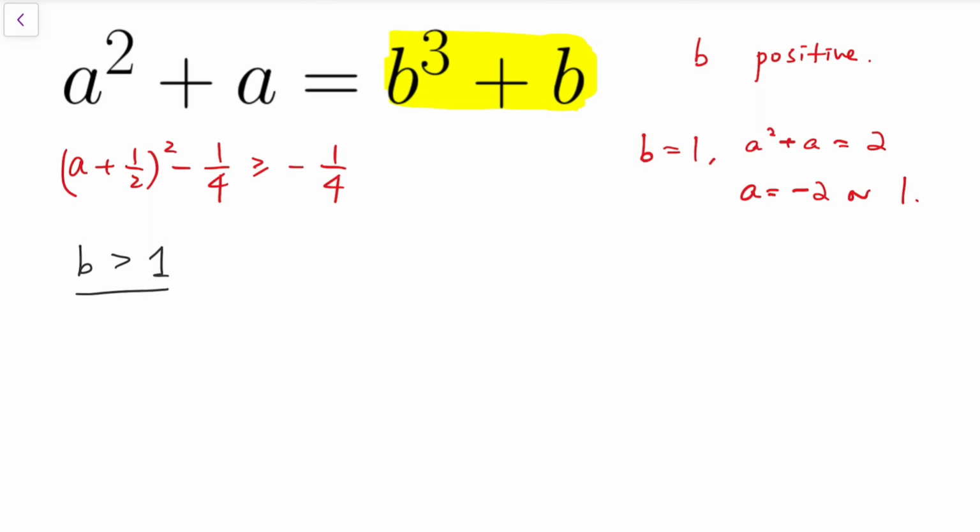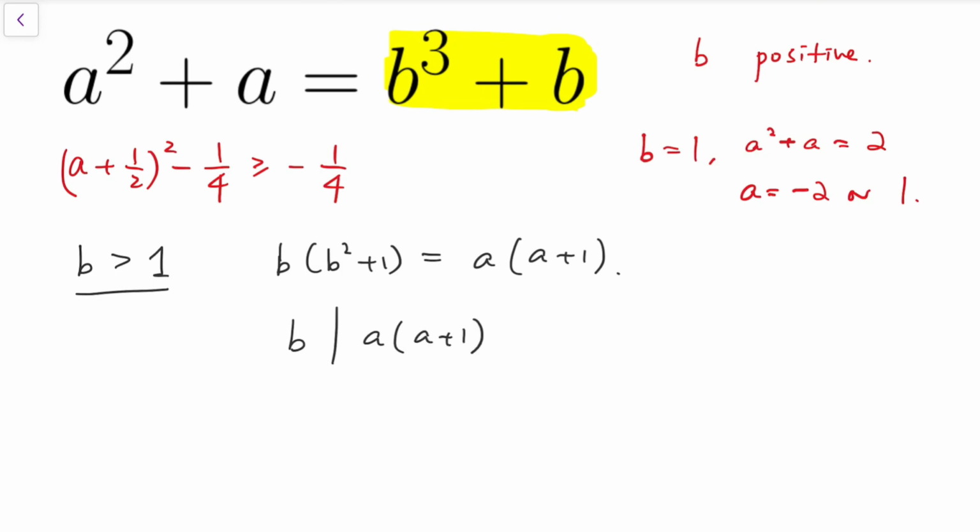From this, I'll rewrite the right side as b times b squared plus 1 equals a squared plus a, or I can say it's a times a plus 1. And we know b divides a times a plus 1.